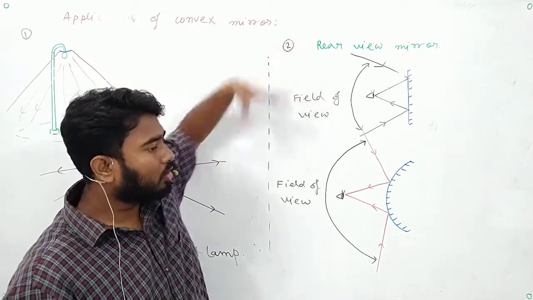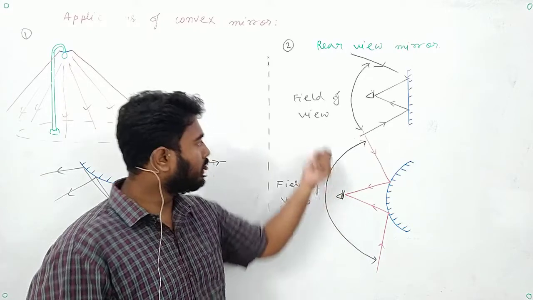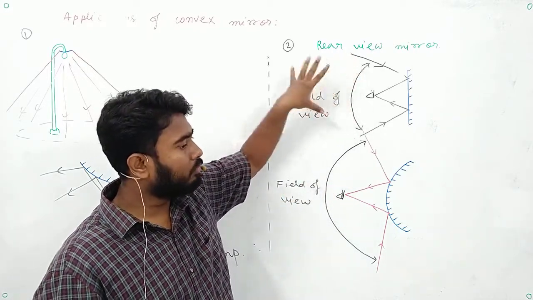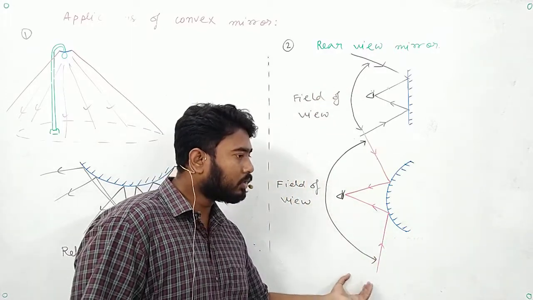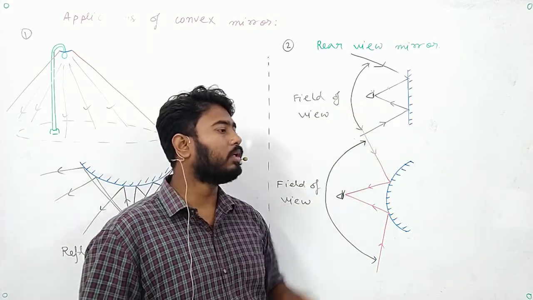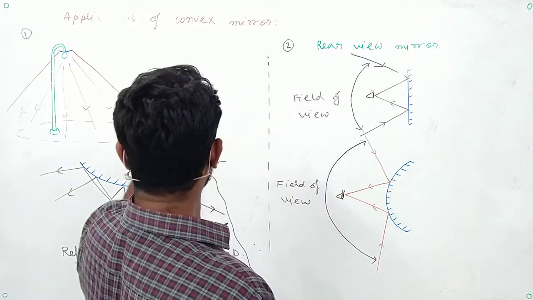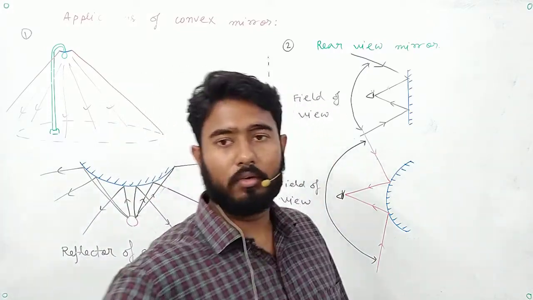We can see this side, we can see this side, but in the plane mirror, as it has a lesser field of view, we will be able to see fewer things. So if there is a track in this position, we can see that, but if there is a track in this position, we won't be able to see it. Okay, so we have got the idea about the applications of convex and concave mirrors. Okay, write this down everybody.